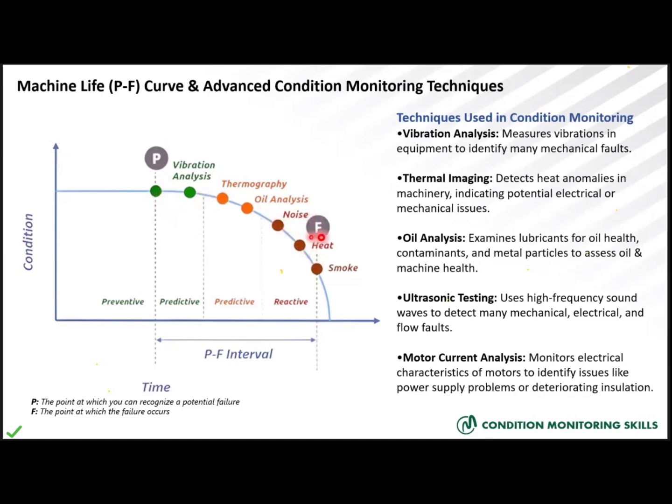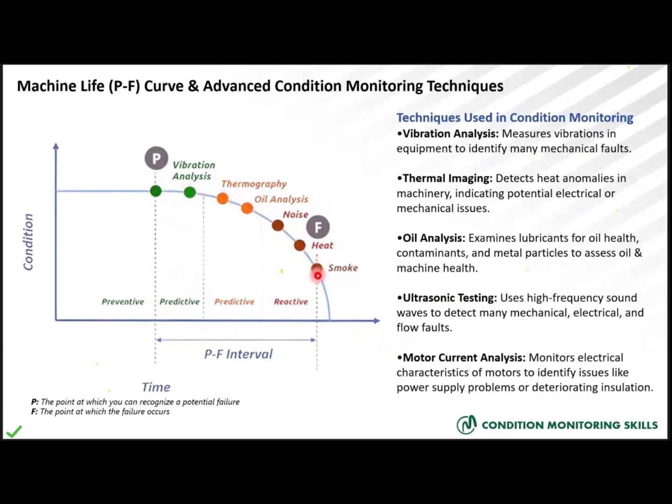But the F point here is the failure point, or the functional failure point, which means that the machinery or the asset already fails. Okay, so the P-F interval here represents the time available for maintenance teams to detect the machine condition and fix or repair the issue using the condition monitoring techniques.